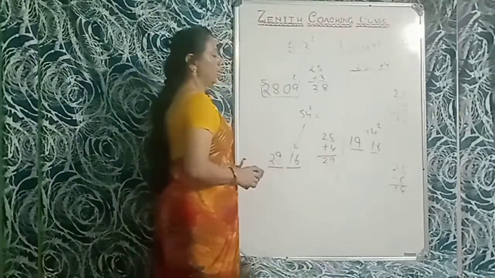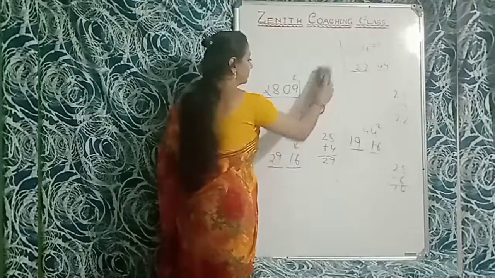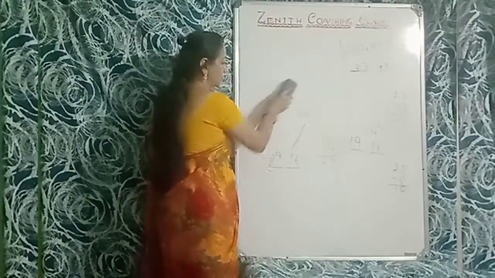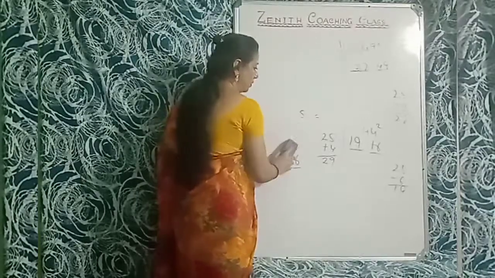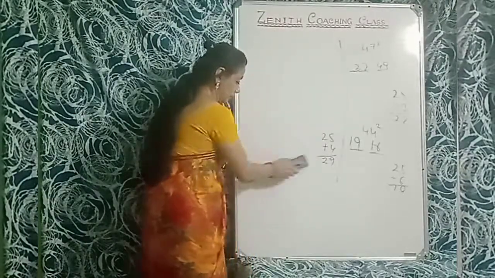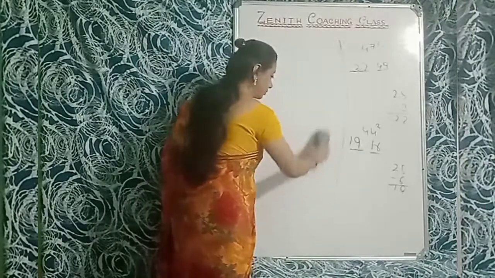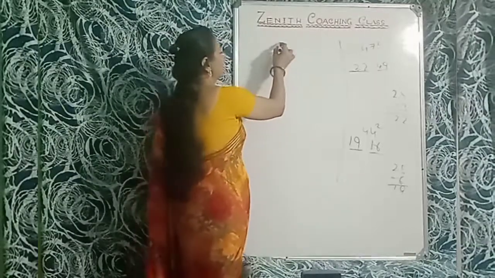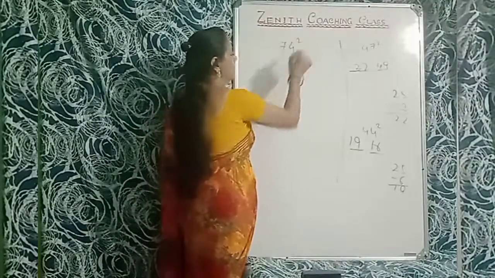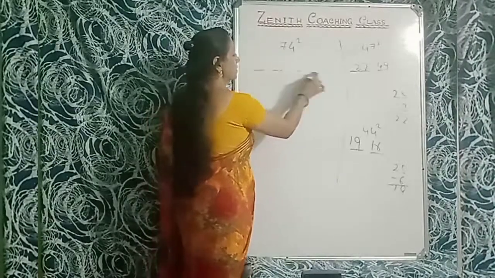Then this is a third process I will teach you. Here are the numbers less than or more than 50. But if the number is 74, so 74 square, then you have to take it in 3 steps.